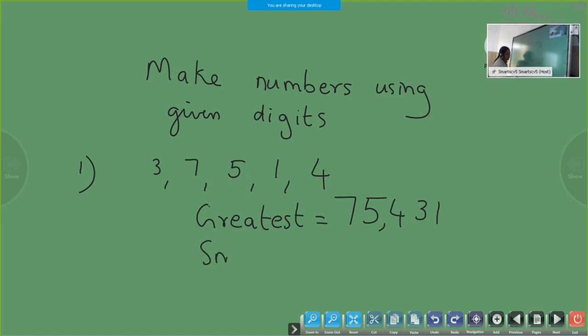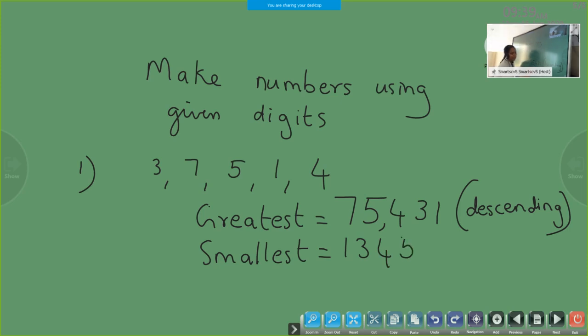Again, which is the smallest number you can form from this? To get the smallest number, have the smallest digit at the first position. So you have to identify the smallest digit. That means you have to arrange in ascending order, and put the commas according to the place value chart.